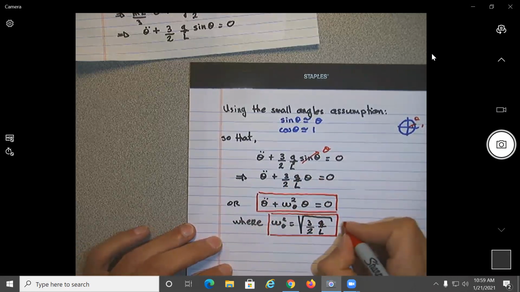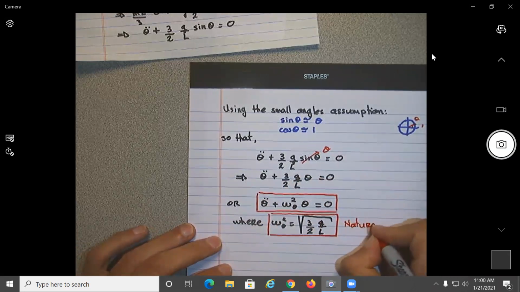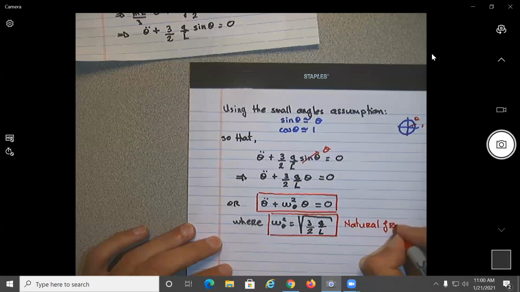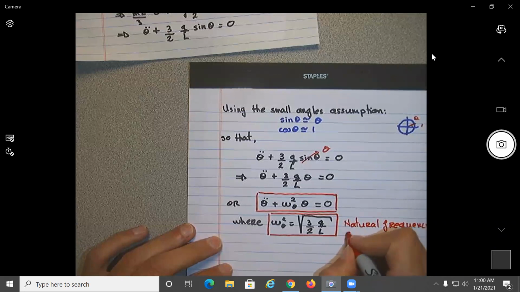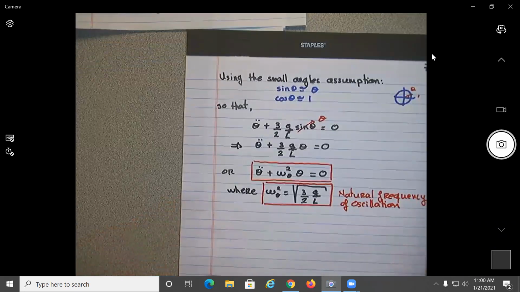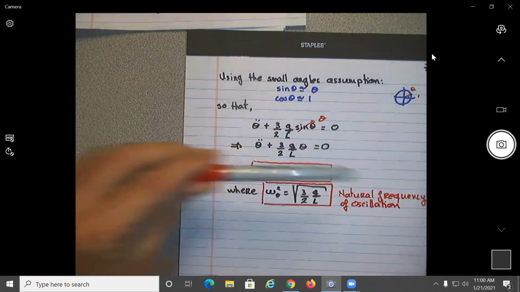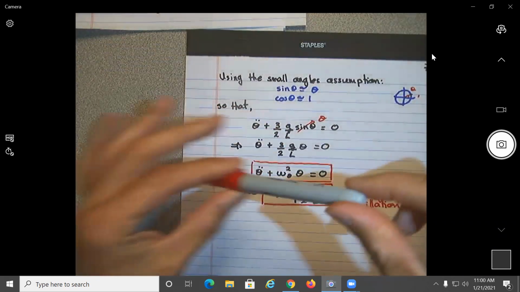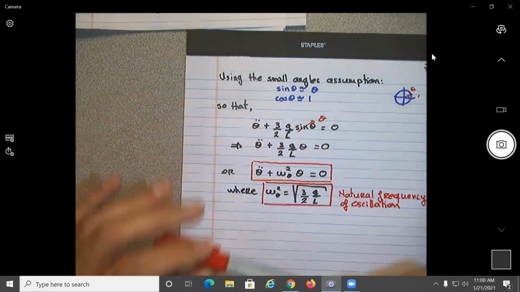So in this case, what would this be? This would be the natural frequency of oscillation. The other one was K over M in that direction; this one is for the bar.